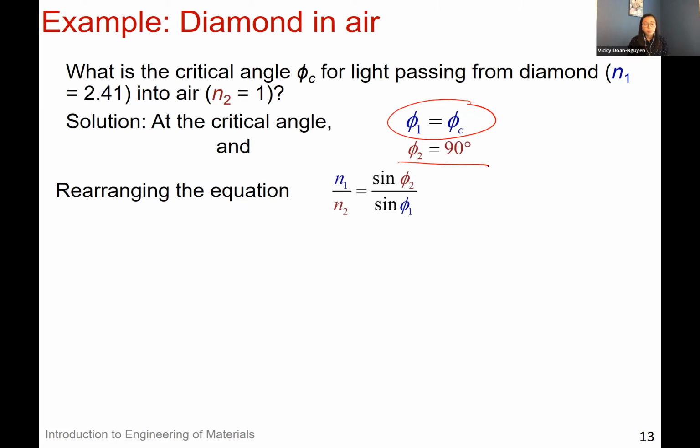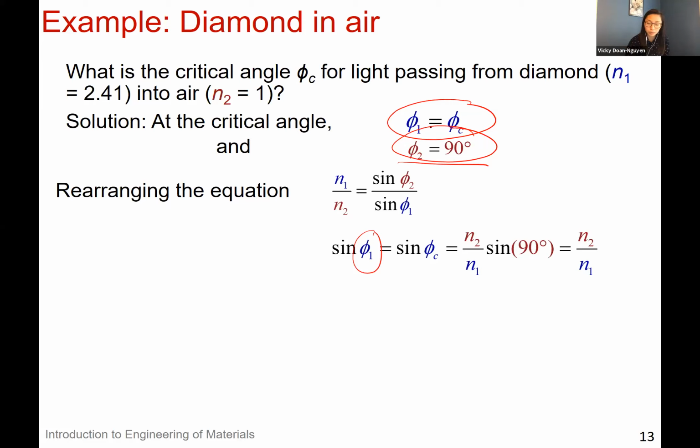So if we rearrange the equation from Snell's law so that we can solve for phi 1, the critical angle, we know that when phi 1 is the critical angle, phi 2 will be 90 degrees. And we know the index of refraction for both diamond and air.